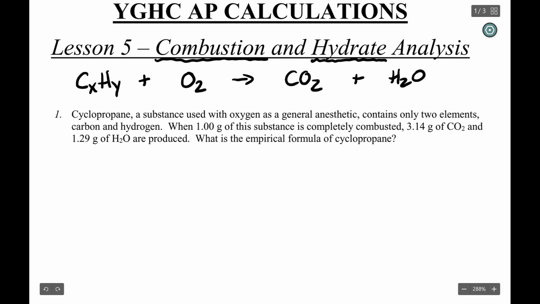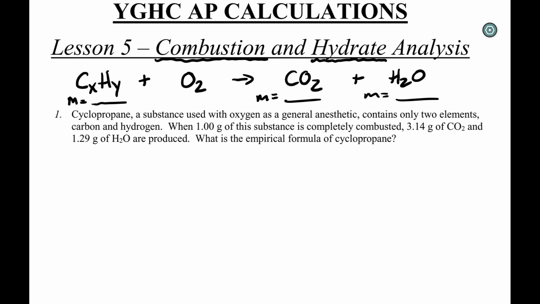Now, if we can know the initial mass of our hydrocarbon, and then through the experiment collect the mass of the products, it's possible for us to turn those masses into moles, and then those moles into mole ratios, which will eventually give us the values of X and Y in the hydrocarbon.